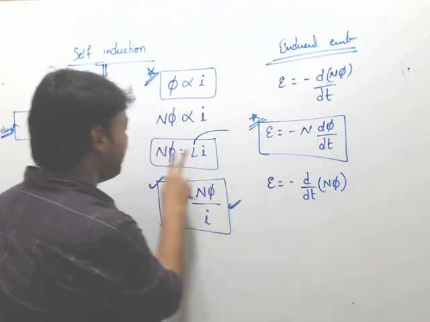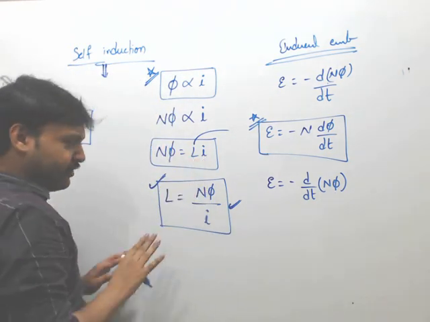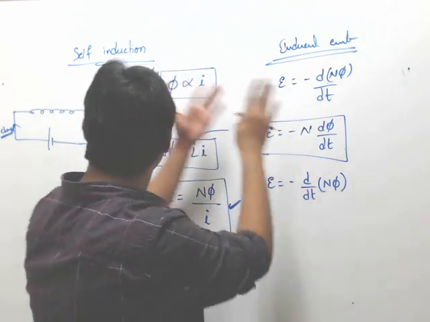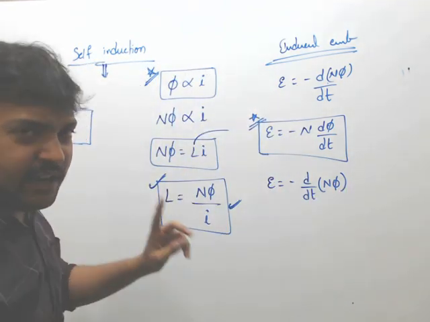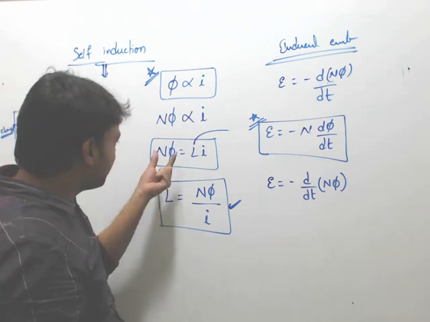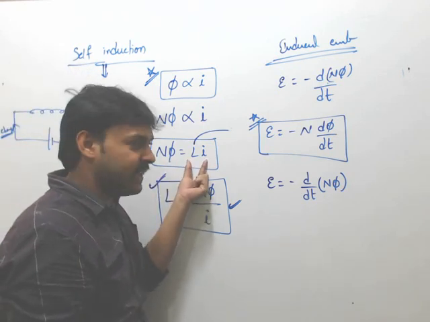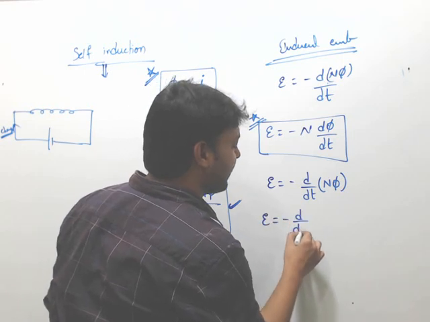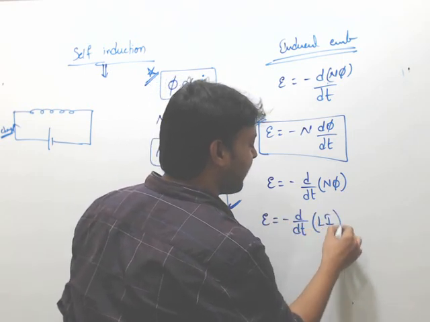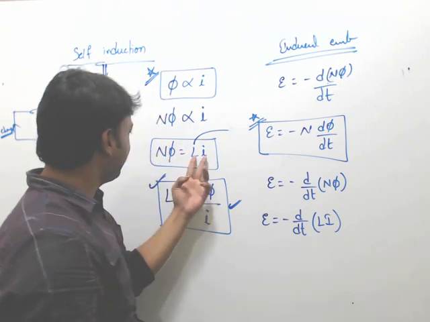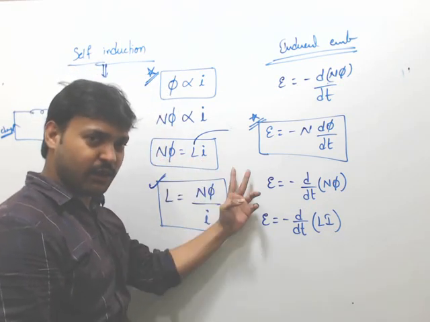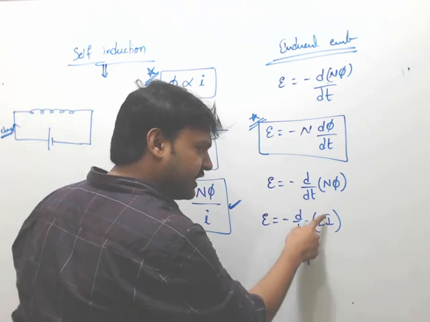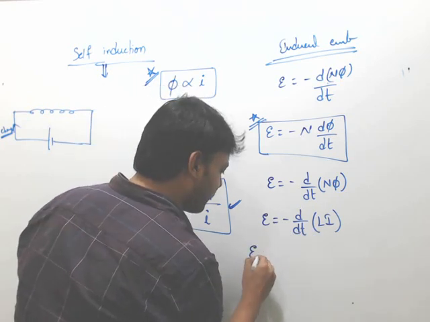Now N phi, according to this concept, come back to self-induction, where we have to calculate the induced EMF. So N phi I can write as L I. Instead of N phi, E equals minus d by dt of L I. We know that N phi equals L I, where L is the coefficient of self-inductance, a constant throughout.